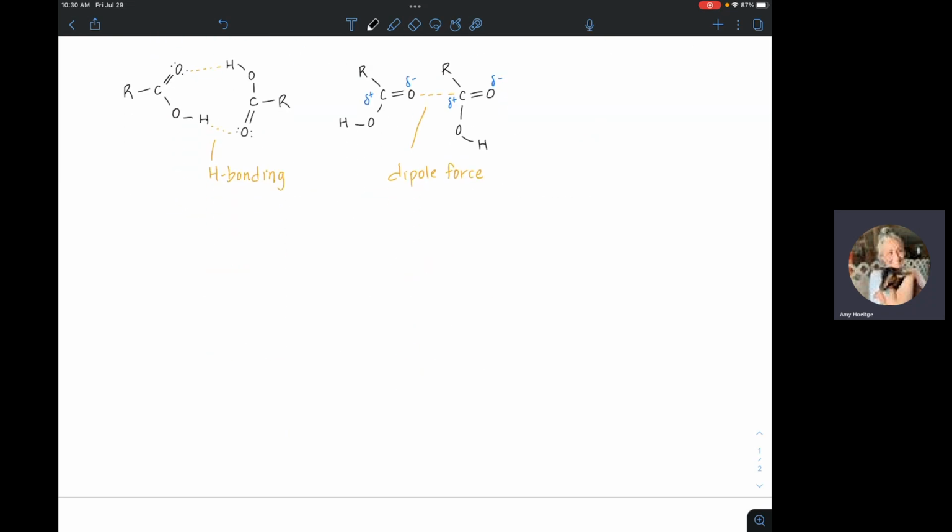So when we draw out the structure and we're trying to make sense out of the intermolecular forces of attraction, I'm going to choose that resonance contributor. In other words, I'm going to put the double bond on the nitrogen so that I can look at the dipole interactions between two amide molecules.